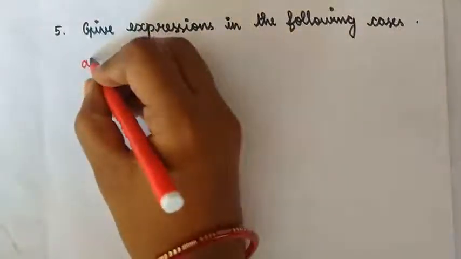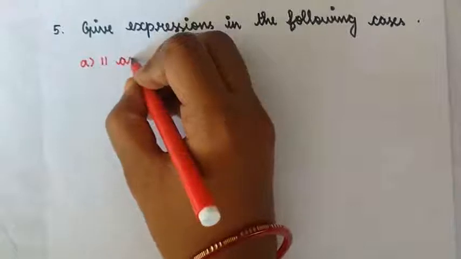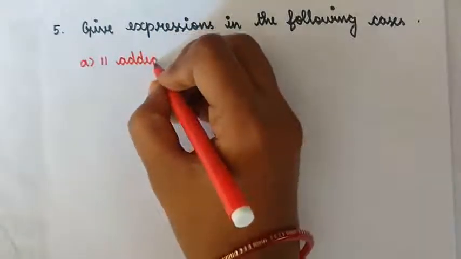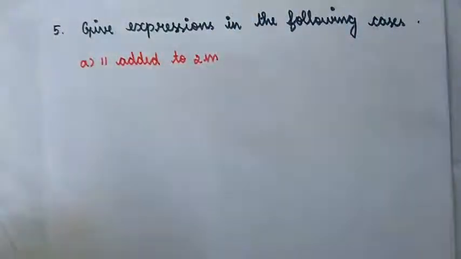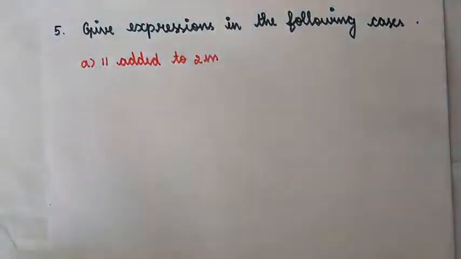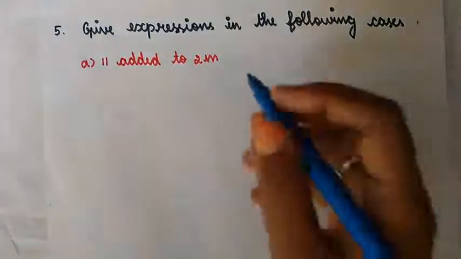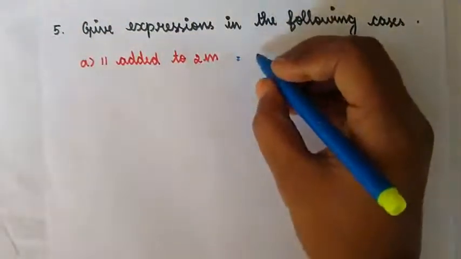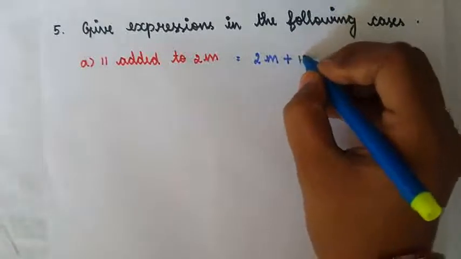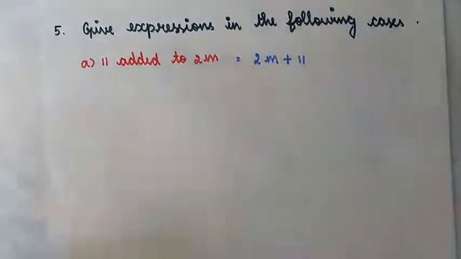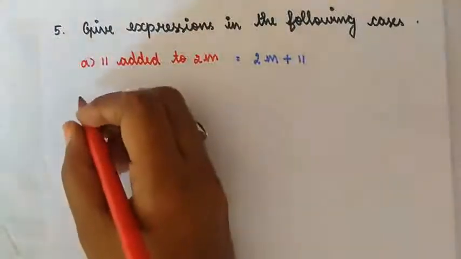Here let me take the A subdivision. 11 added to 2M. 11 added to 2M means, how can we write? We have to write 2M plus 11. This is the answer for subdivision A.